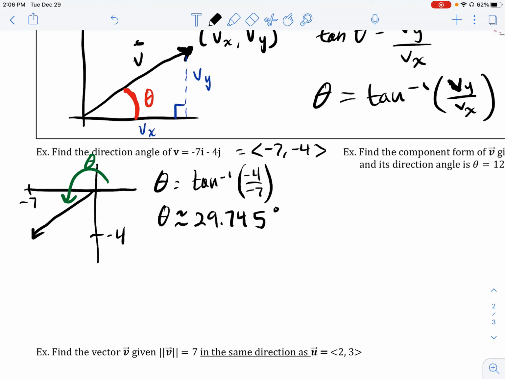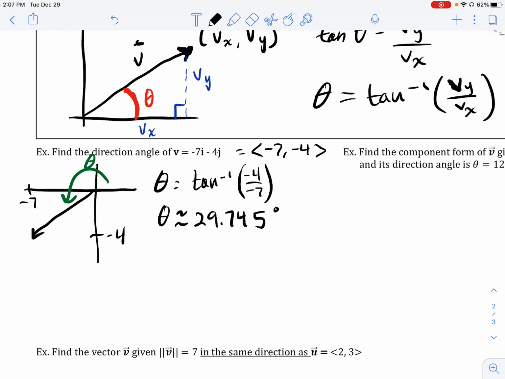Why is our calculator giving us an acute angle when clearly the angle shown here is more than 180 degrees? Well, think back to the range restriction for inverse tangent. Our calculator is only going to give us a value between -90 and 90 degrees, not inclusive. And what it's finding is the angle that, when I apply the tangent to it, is going to give us +4/7. That's the way we enter it into our calculator.